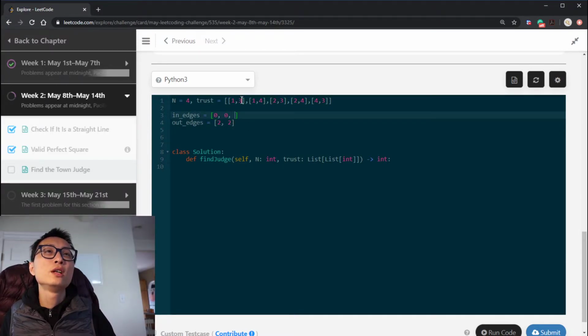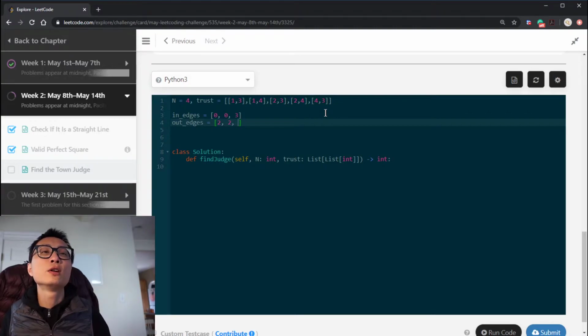For person 3, the incoming edges are 1, 3 and 2, 3 and 4, 3, so that's 3, and the outgoing edge from person 3 is 0. For person 4, the incoming edges, we have 1, 4 and 2, 4, so it's 2. The outgoing edge, it trusts person 3, so it's 1 there.